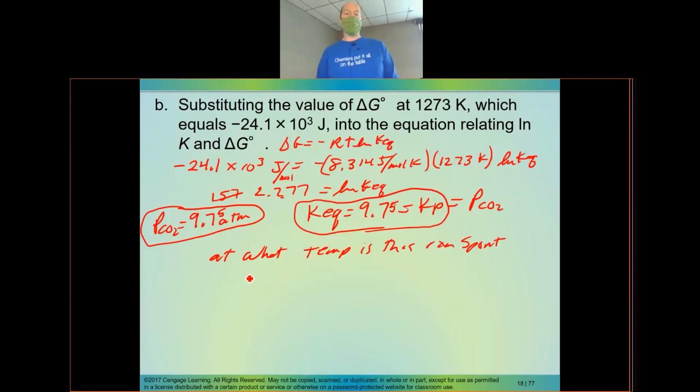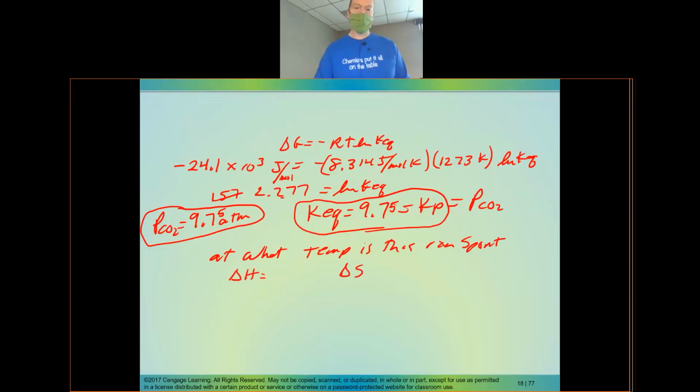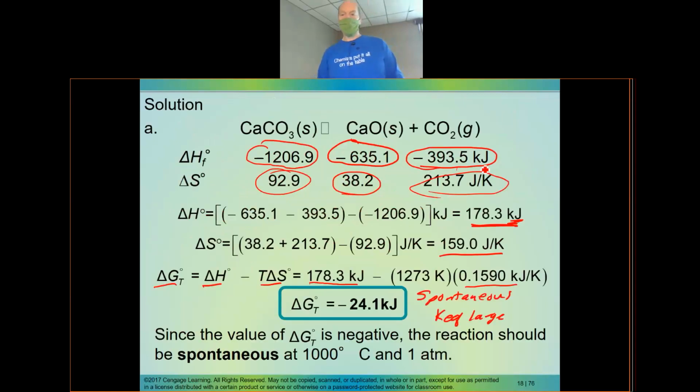All right, so we need to find our delta H and our delta S. We already have those numbers. Delta H is 178.3 kilojoules per mole.